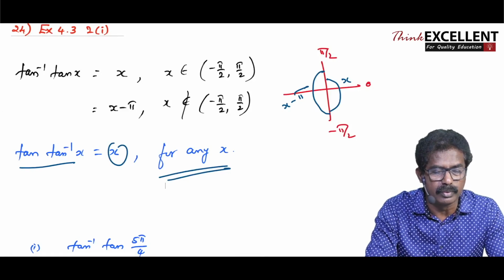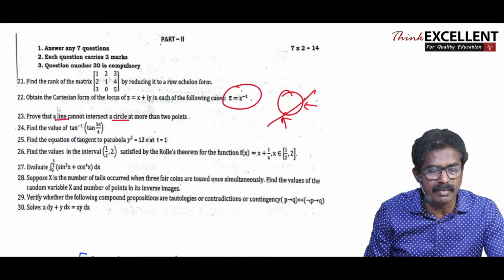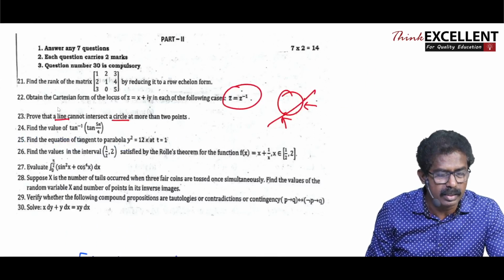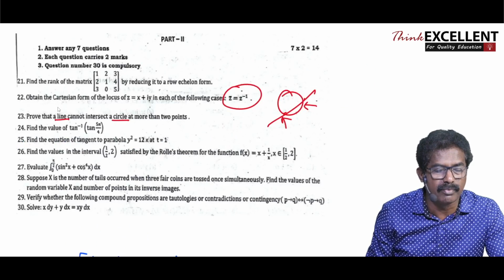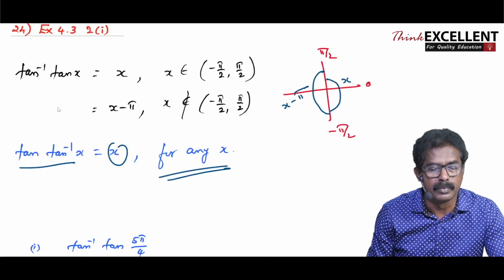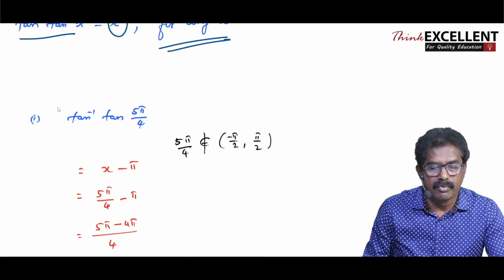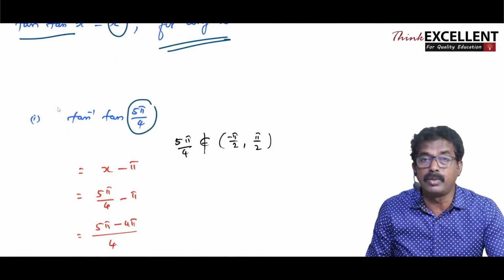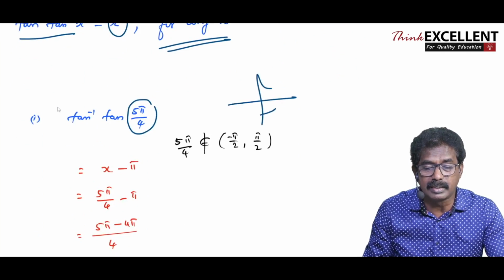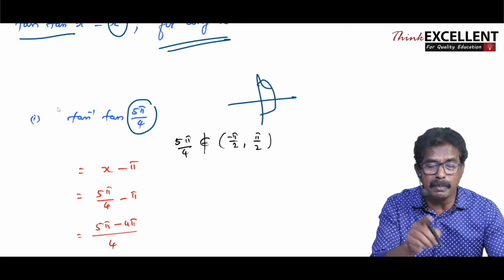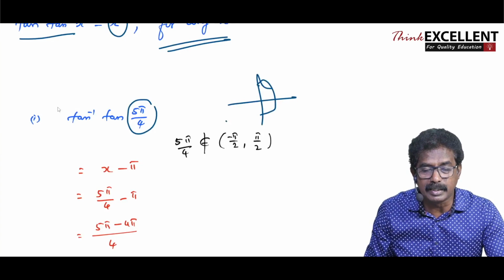Question number 24. What is that question? Find the value of tan inverse tan 5 pi by 4. Listen. This 5 pi by 4, you check it. Can you write 5 pi by 4 as your answer? We have to see whether it lies in this interval, minus pi by 2 to plus pi by 2, that is minus 90 to plus 90.